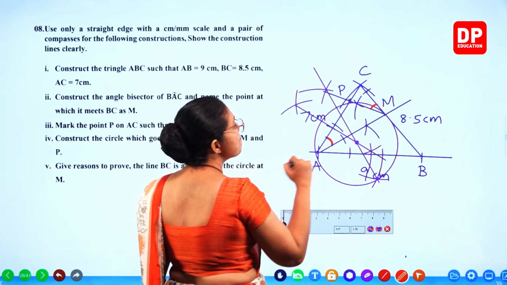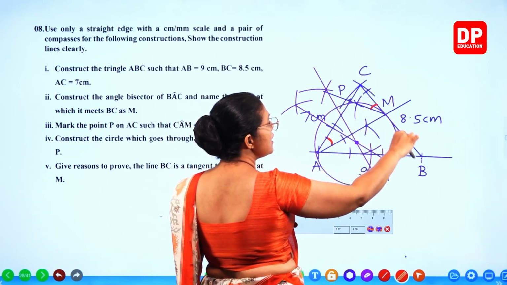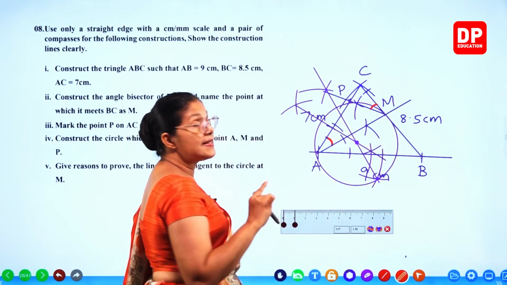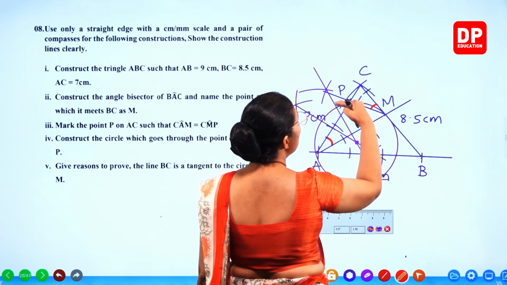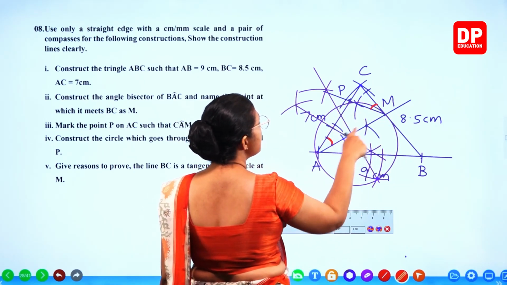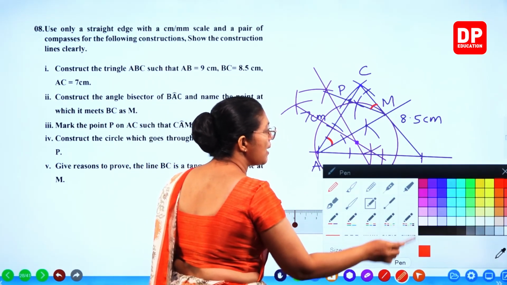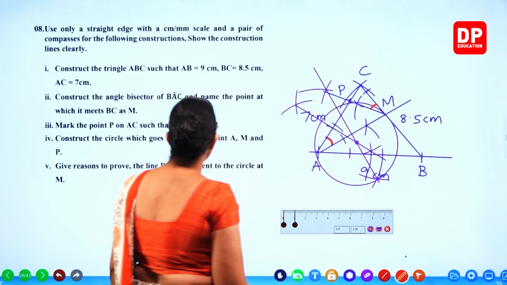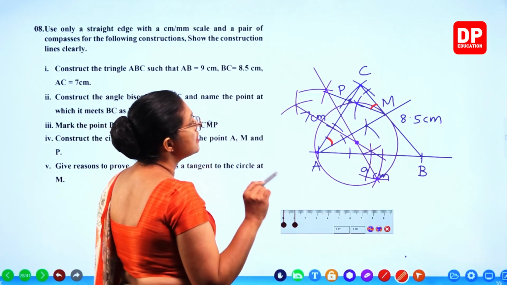What's that? This is the angle between the tangent and the chord PM. If BC is a tangent, that is equal to the opposite segment angle according to the alternate segment theorem. You can show that it becomes the tangent.